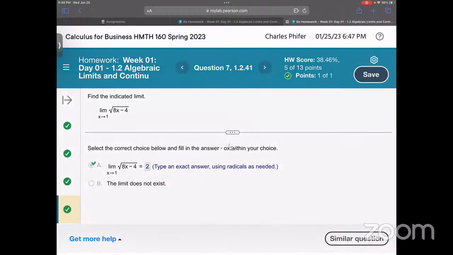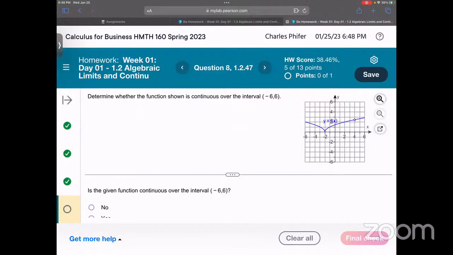Determine whether the function shown is continuous over the interval from -6 to 6. No, right? Because I think this is an example of a hole or a gap, right? When x is 4, there's a gap. So is it continuous?